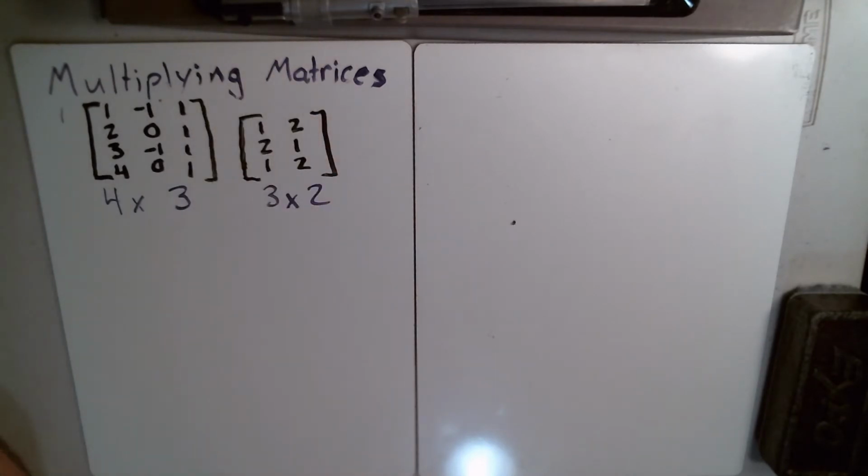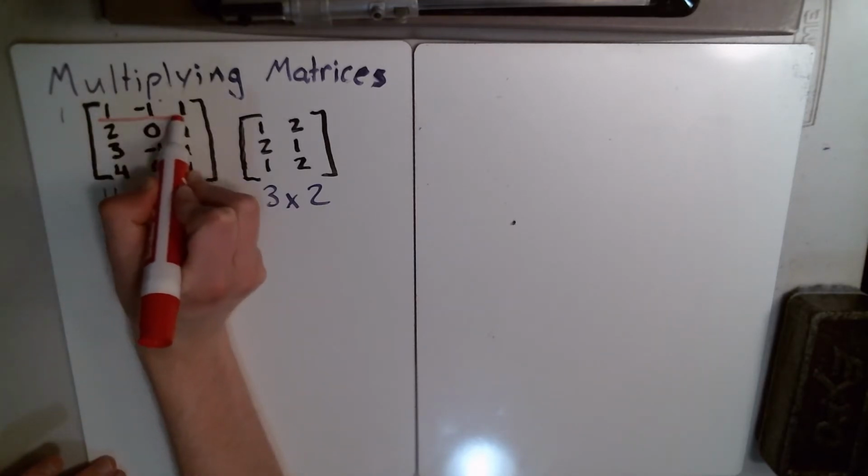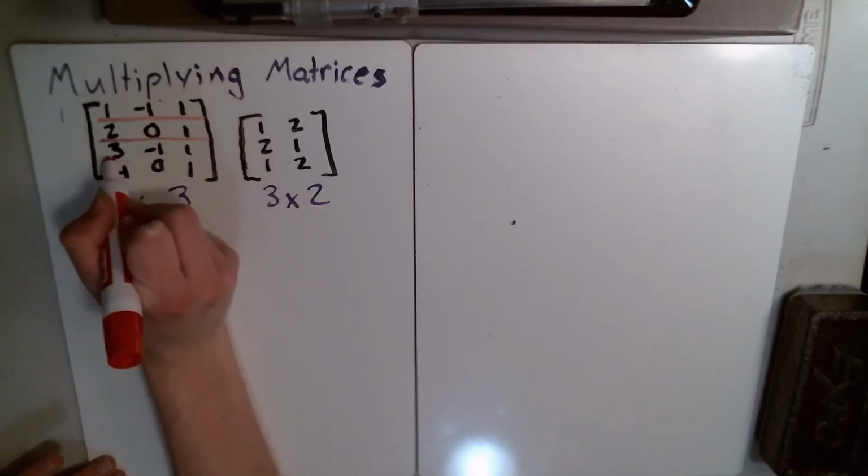To multiply matrices, again, remember what we do is we take a row from the left matrix. So we're going to be dealing with our rows here.